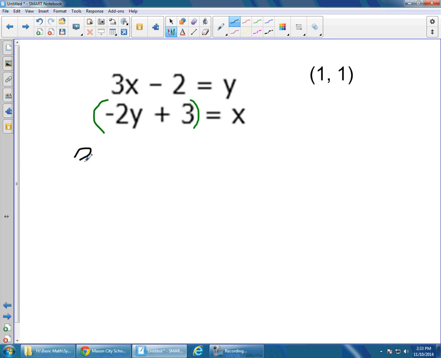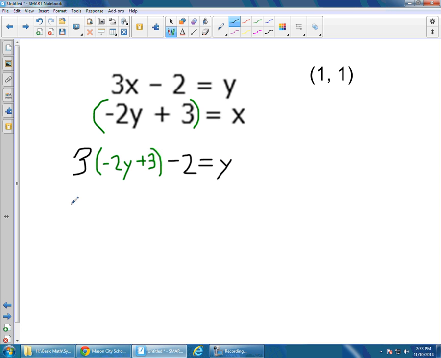So I'm going to rewrite the first equation. 3, and then parentheses, negative 2y plus 3. And I've got to rewrite the rest of the equation, so minus 2, and that equals y.